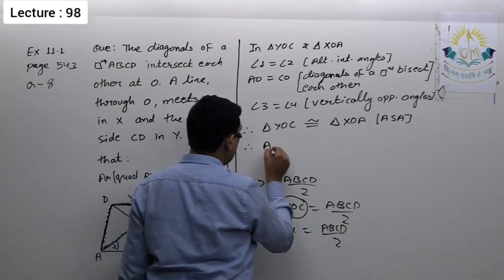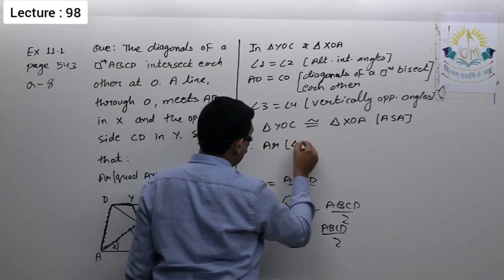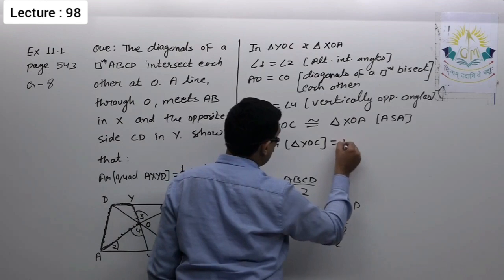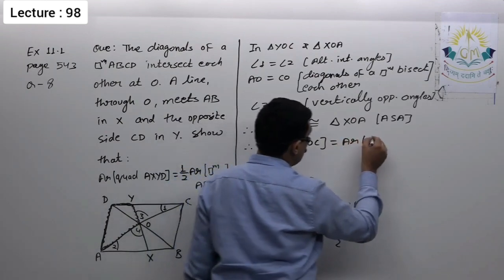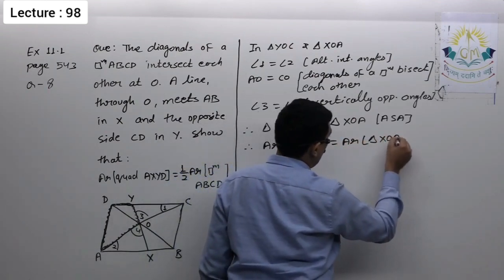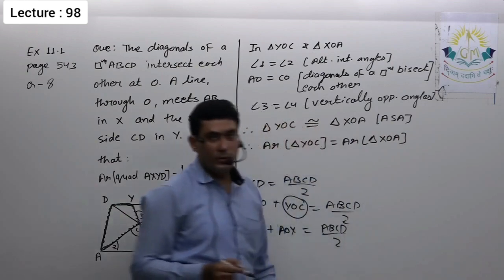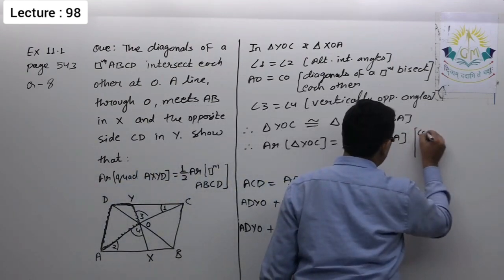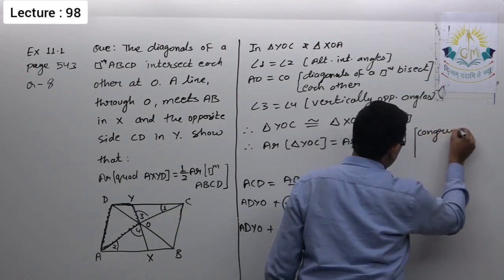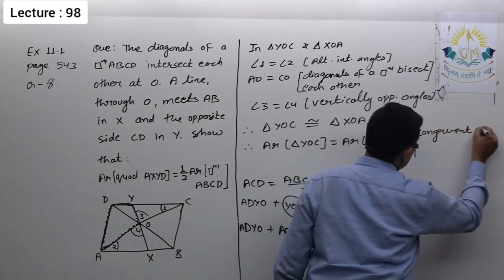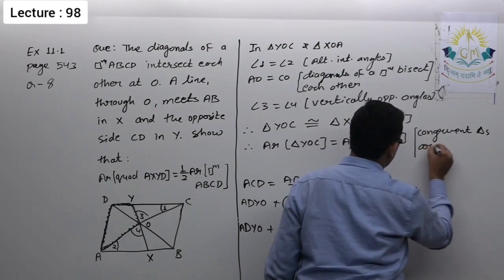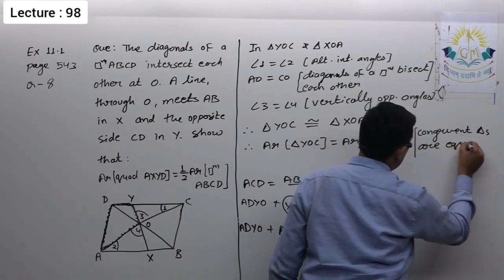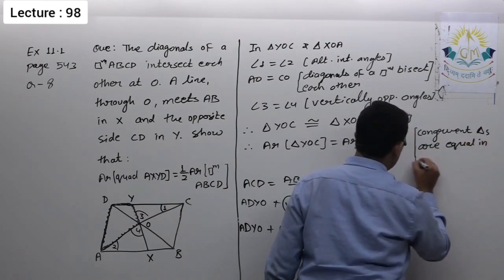Therefore area of triangle YOC is equal to area of triangle XOA. Reason: congruent triangles are equal in area.